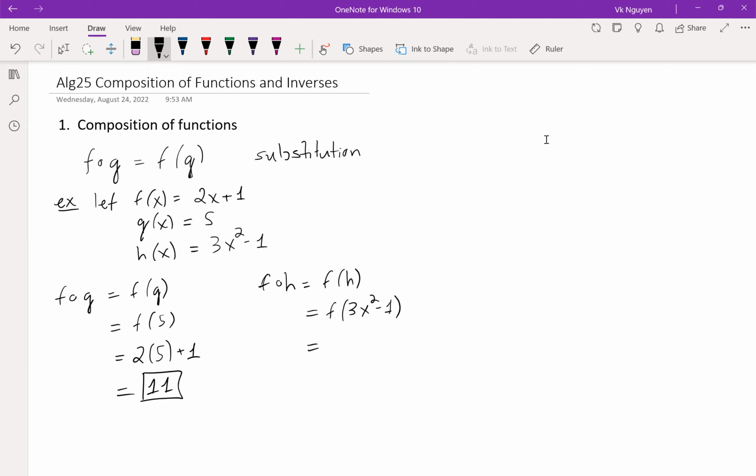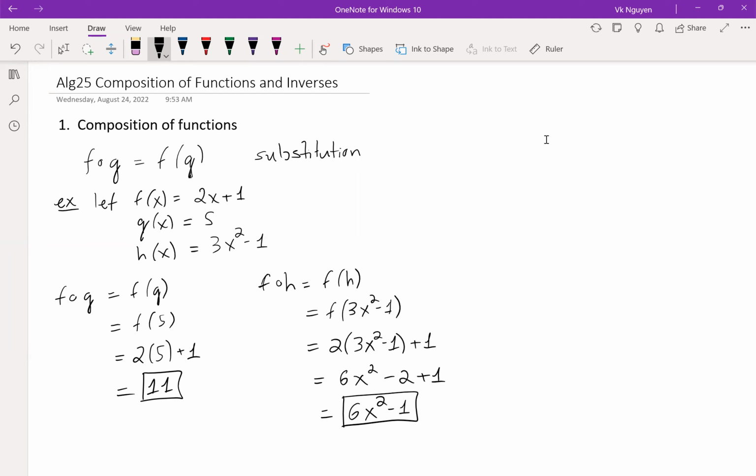Do the substitution into the F function. 2 times 3x squared minus 1, plus 1. And we have 6x squared minus 2 plus 1, which is 6x squared minus 1.